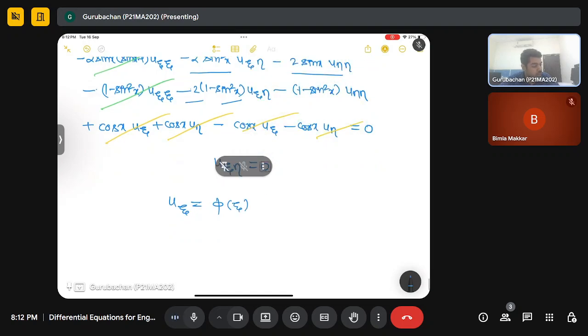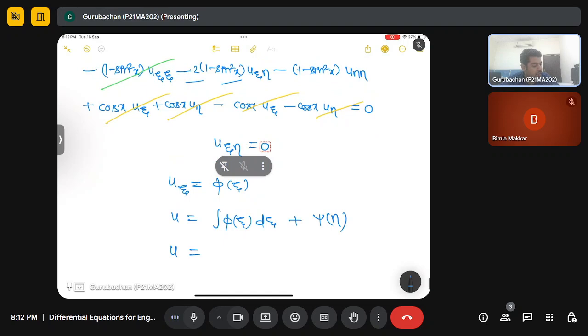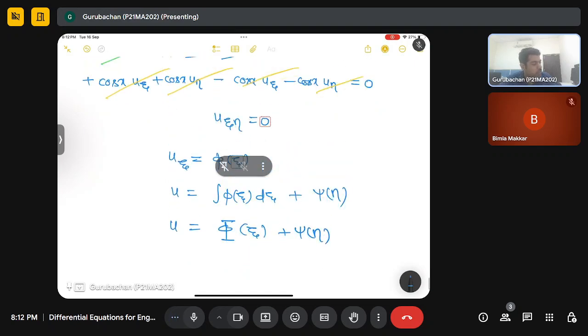Now we have to integrate with respect to xi. So this will be the integral of phi of xi d xi plus psi of eta. So this can be written as some capital phi of xi plus psi of eta.